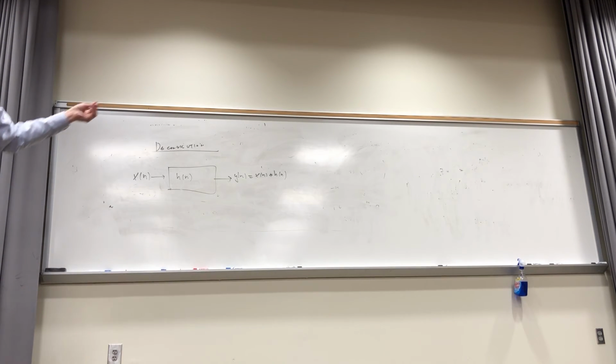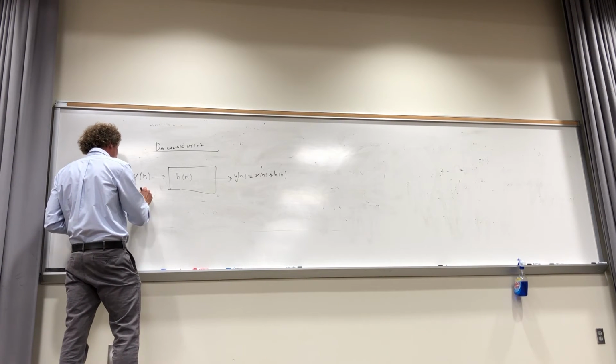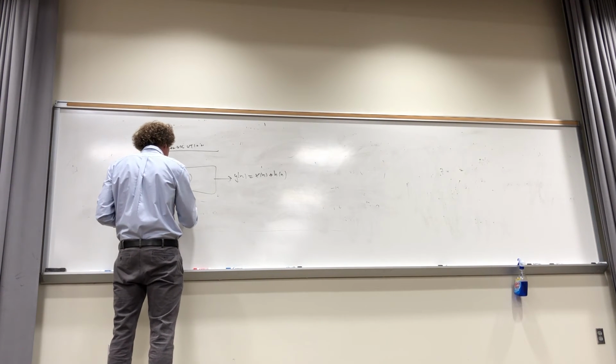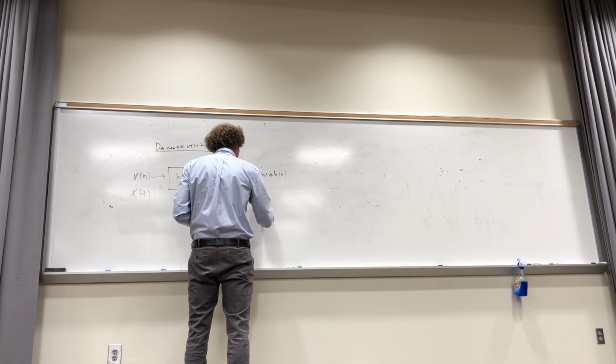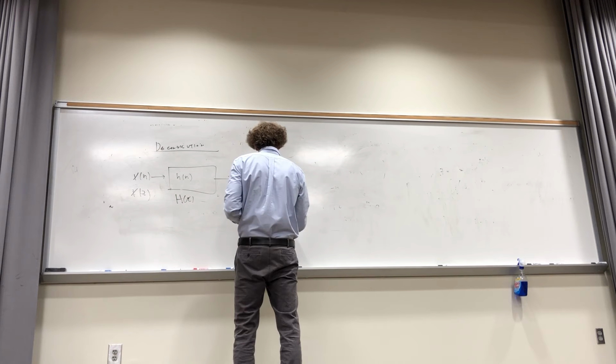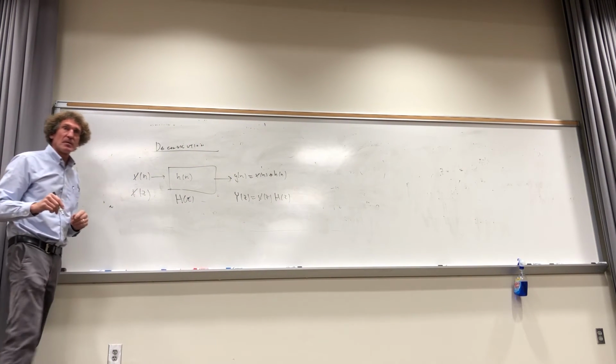There are a million other sensors. If you look at this in terms of an x of z problem with an h of z, y of z is equal to x of z times h of z. This works also for continuous time, but we're in discrete, so we do it this way.